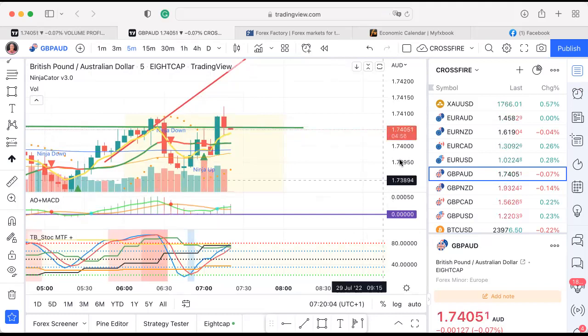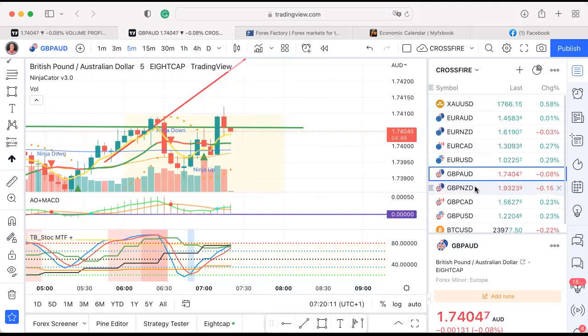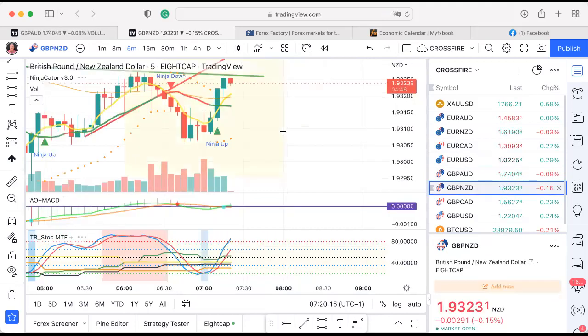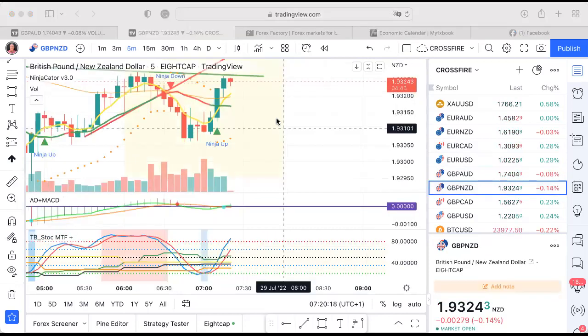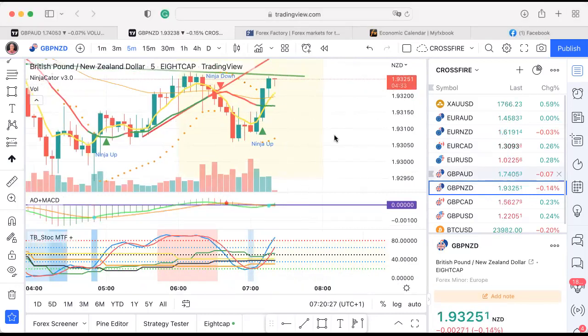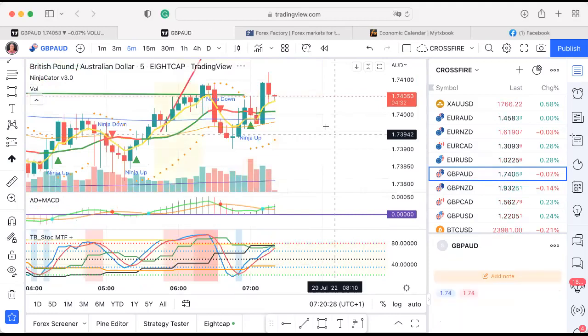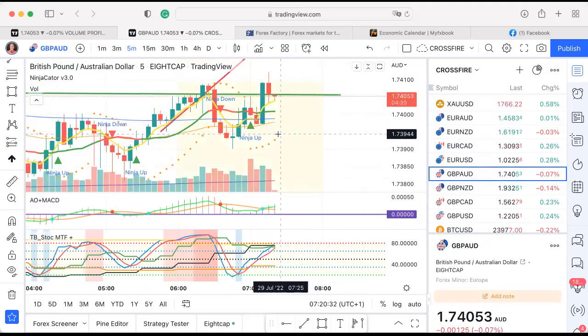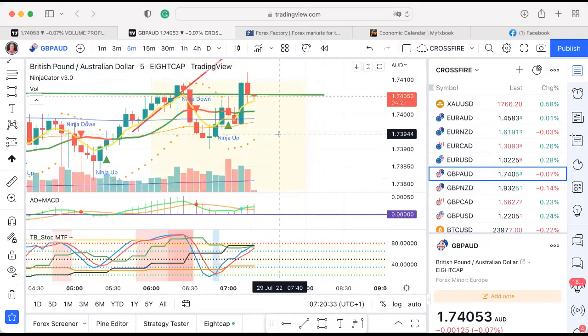So we just had an alert on GBP NZD. This one has just dropped below the green line, unfortunately. And I suspect that one was making its way up, but it's bounced off the resistance.